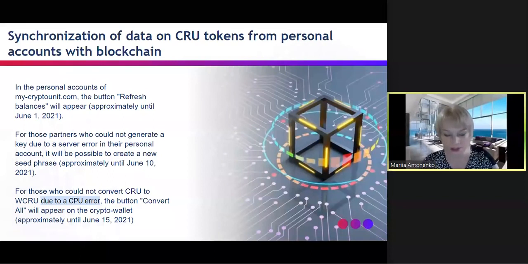So there was a problem with the smart contract. Partners noticed that the commission wasn't calculated properly, and the frozen items that were converted in early April, from the 8th to the 16th of April, those items have some problems. You know, there were some remaining balances that didn't convert properly.